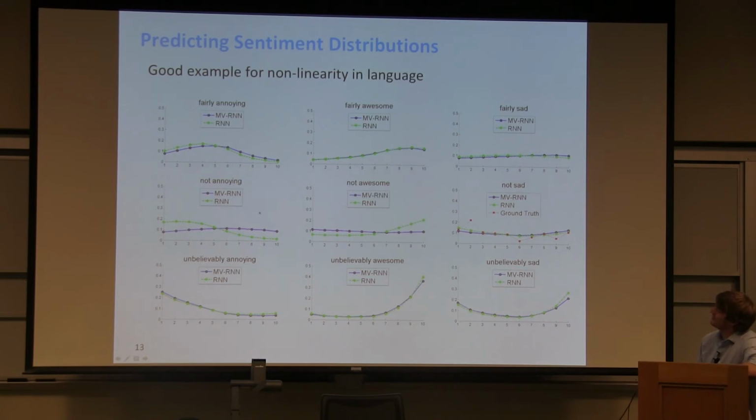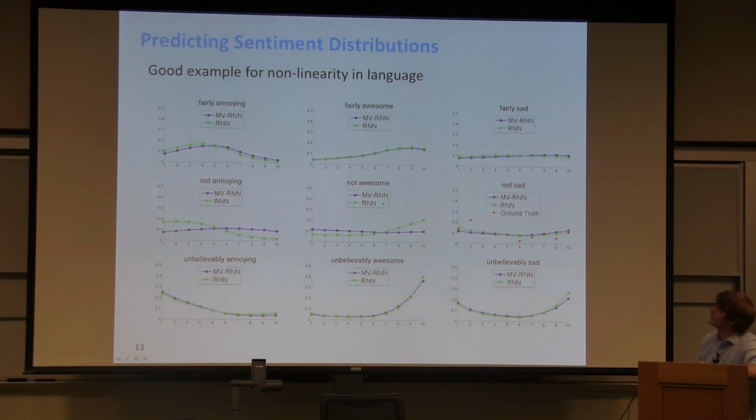And here we saw that for not annoying, for instance, the RNN cannot really change how overall annoying this is, but saying not annoying, you assume it flattens out somewhat and is not as negative and mostly seen in negative reviews. Likely not awesome, the RNN still makes it very positive, while the MVRNN is able to flatten it out a little bit, attenuating and changing awesome.